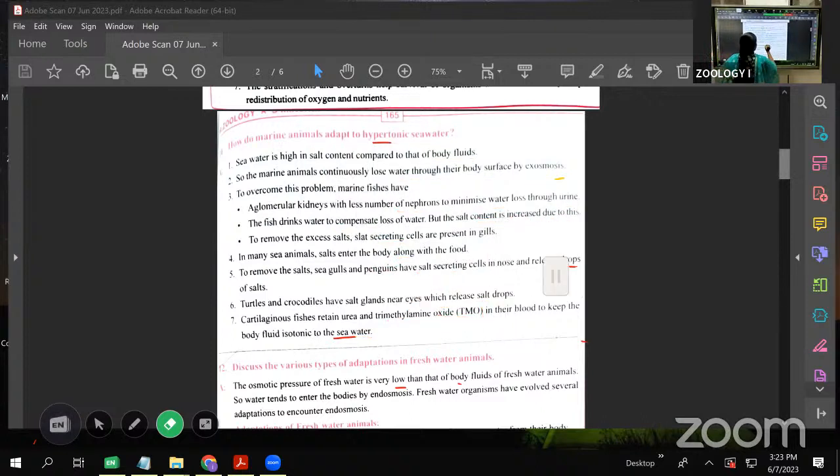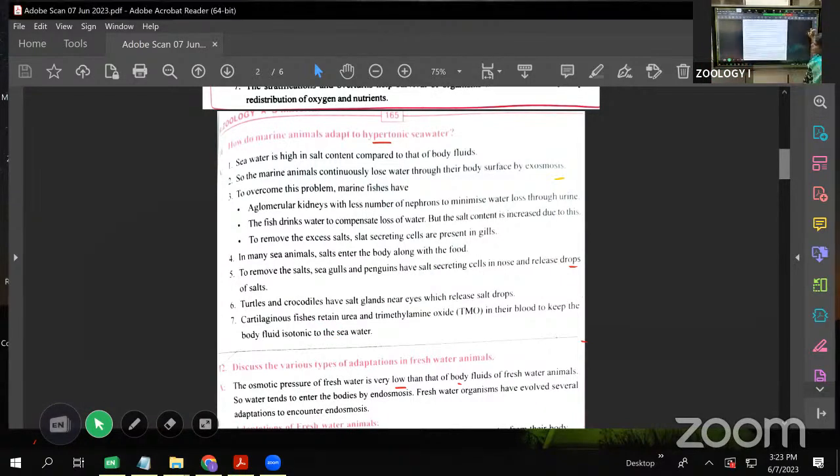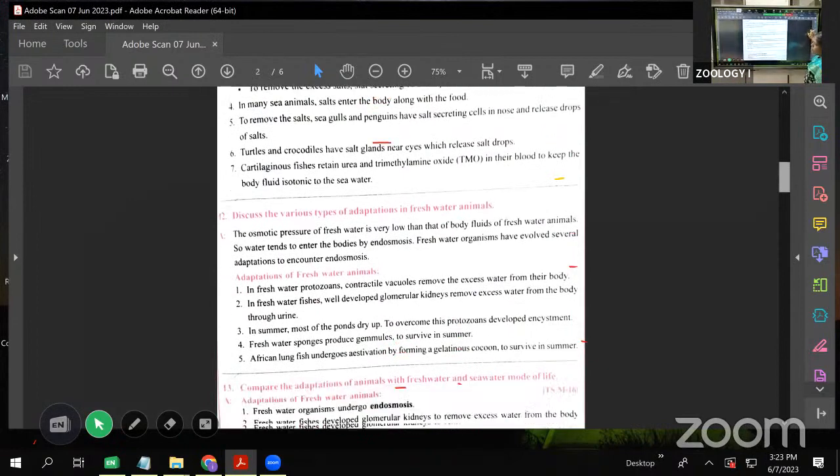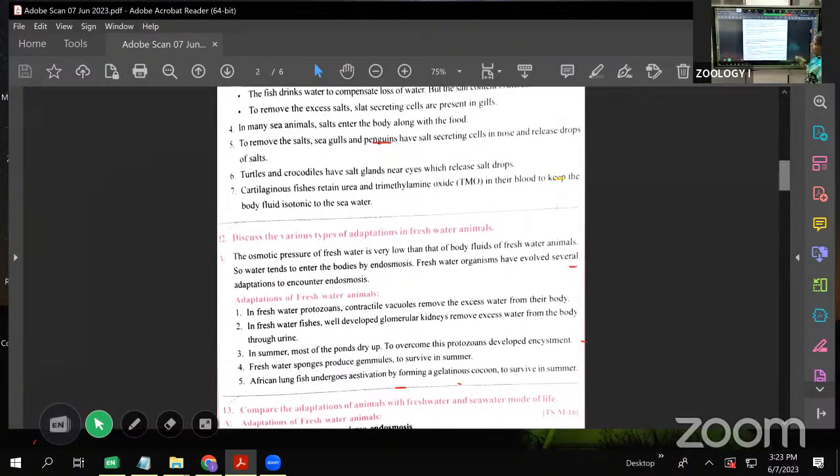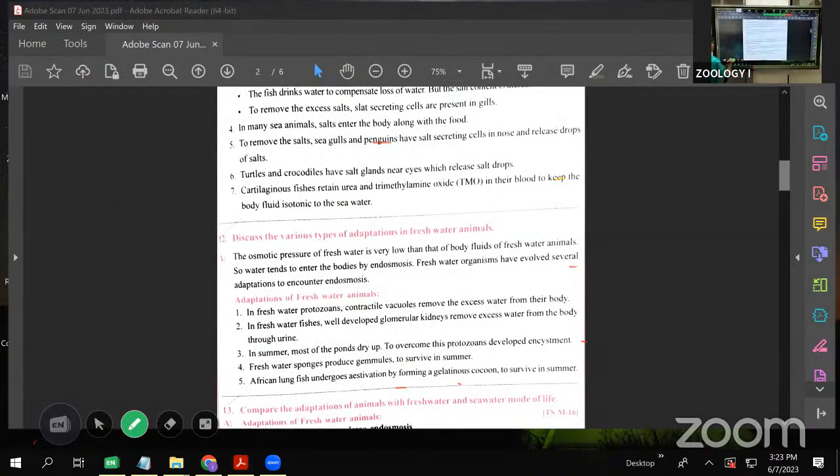Next is freshwater adaptations. Seawater adaptations we discussed. See, the osmotic pressure of freshwater is very low, meaning the salt content is very low compared to the body fluids.